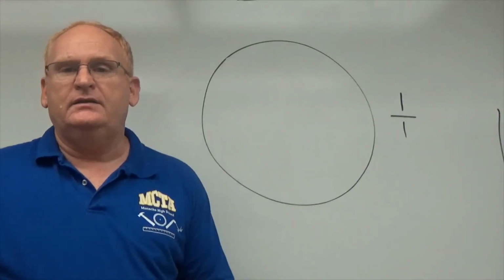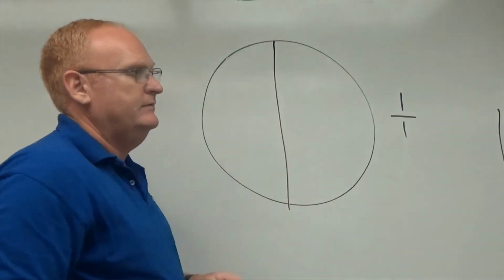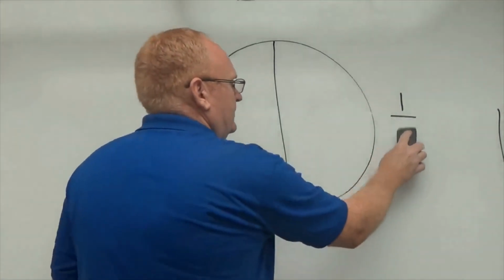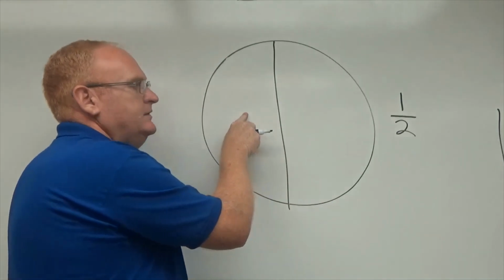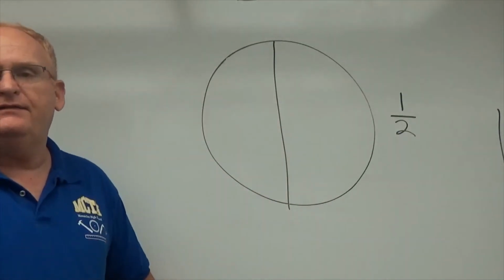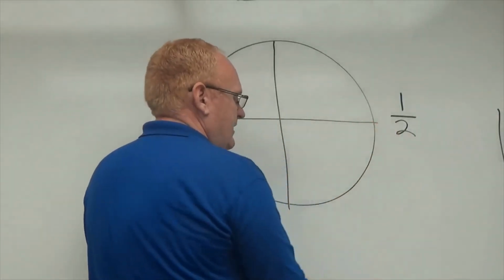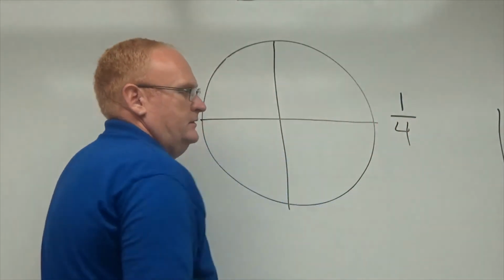But you don't want to eat it, you got to share it, so you cut it in half. How many slices are possible now? 2. You eat 1, you ate 1/2 of the pizza. Okay, let's go this way. Now how many slices are available? 4.